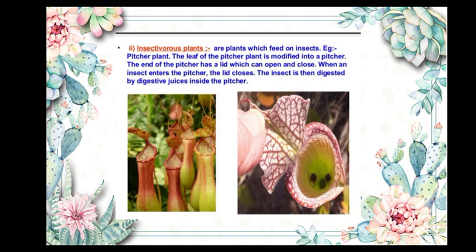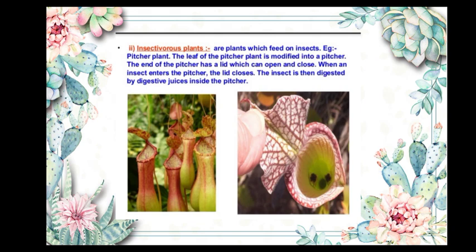Further, insectivorous plants. Now, what are insectivorous plants? The name replies its own meaning. They are plants which feed on insects. Example, pitcher plants. The leaf of the pitcher plant is modified into a pitcher. The end of the pitcher has a lid which can open and close.